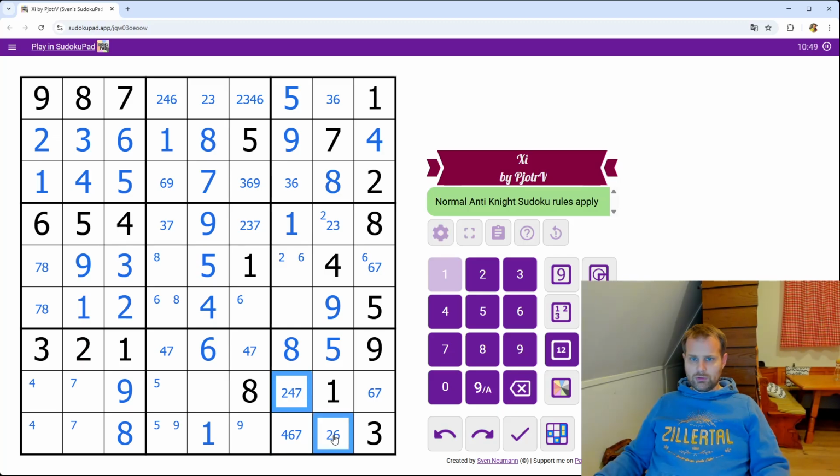So the 2 is in one of those. So let's write down the 2's. The 3 is in one of those. The 4 is there, the 5 is there, the 6 is there, the 7 is there, the 8 is there, and the 9 is in one of those.